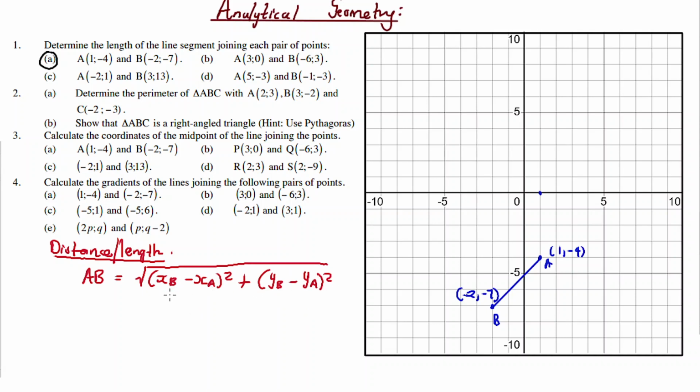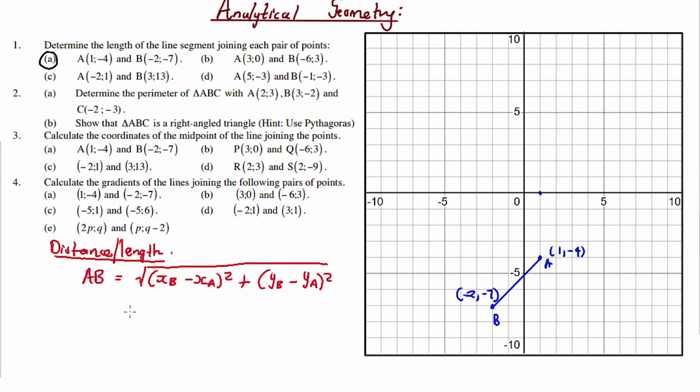Just make sure that if your x has been subtracted as xb minus xa, then for the y coordinates you have to do the same thing: start by b and follow it up by a. And if you said xa minus xb, you should do the same thing even here, ya minus yb.